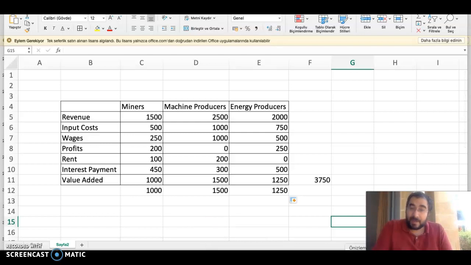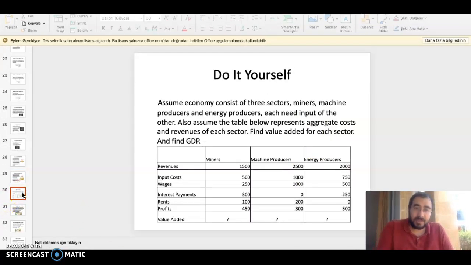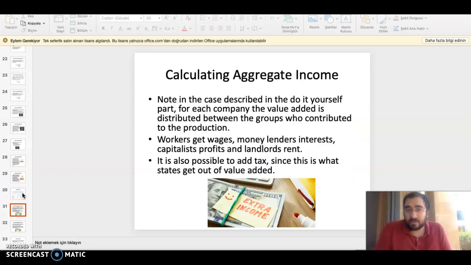So the fact that the value added is distributed to all factors of production is actually, as I already told you, the logic of the aggregate income method. So since in each corporation, the value added in that corporation is distributed to the owners of the factors of production, and if the inputs are also produced in that country, their producers also have the value of those inputs covered as the revenue of their company.